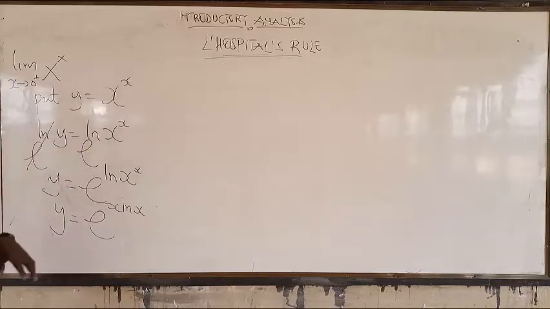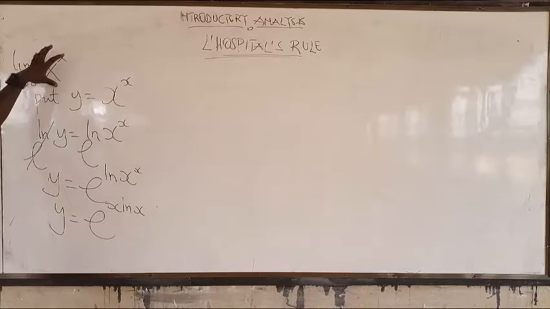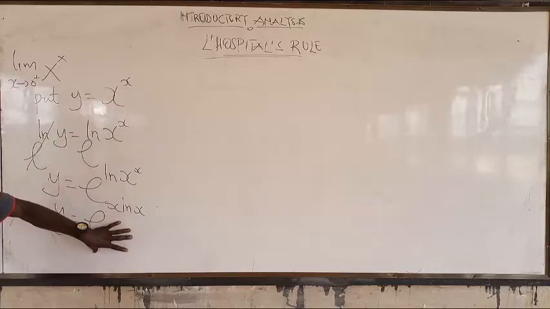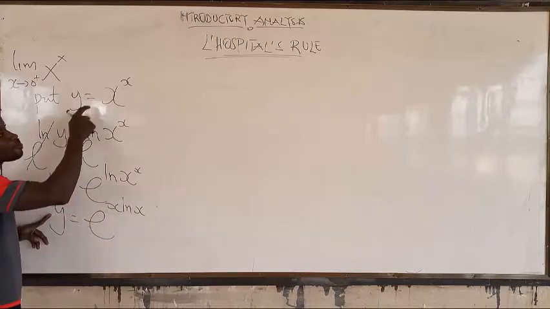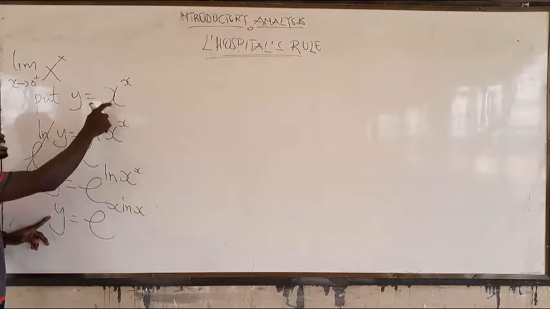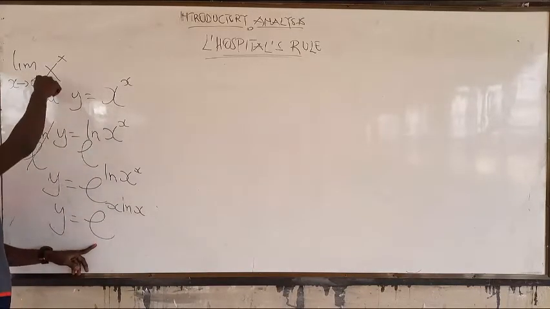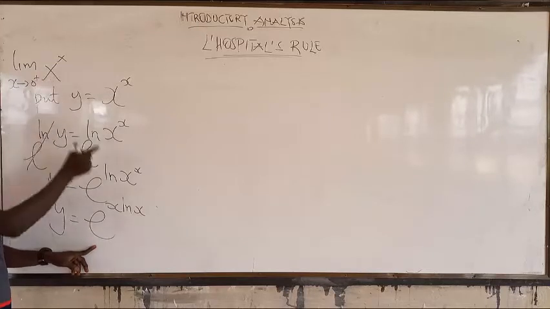So what we are saying is that taking the limit as x approaches 0 from the right of this function is the same as taking it here, because y is the same as this, and therefore taking the limit of this is the same as taking the limit of this.